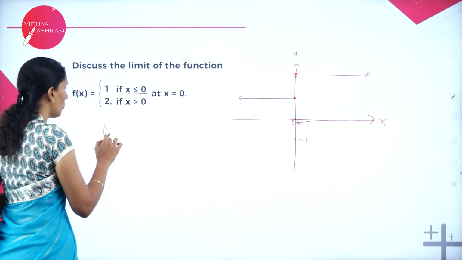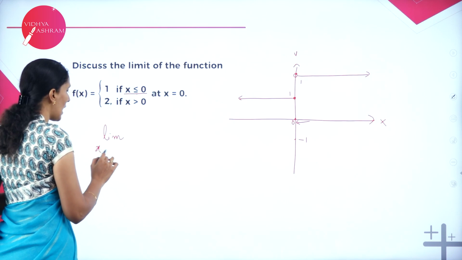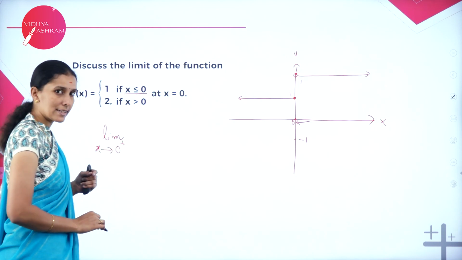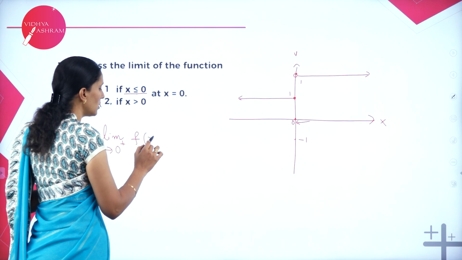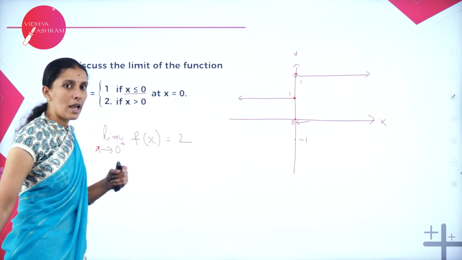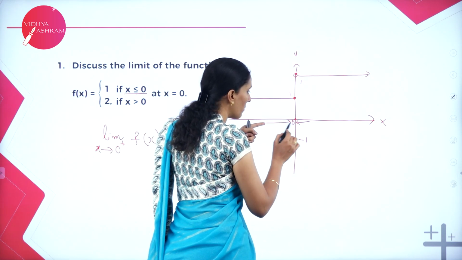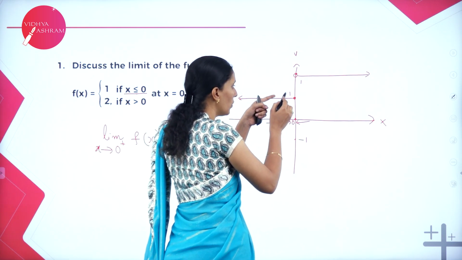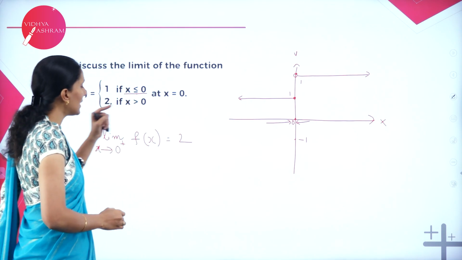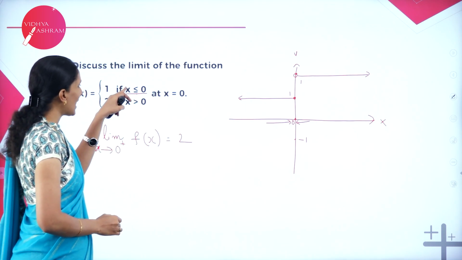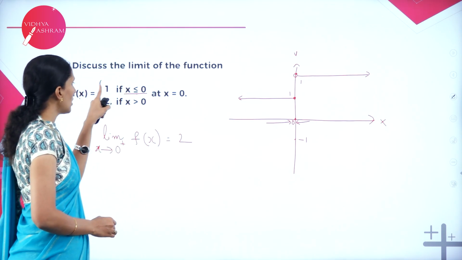That is, limit of a function when x approaches 0 from your right side, the value of the function is equal to 2. And similarly, as x approaches 0 from the left side, the functional value is equal to 1 because it is clearly said for all the values x less than 0, the functional value is 1.